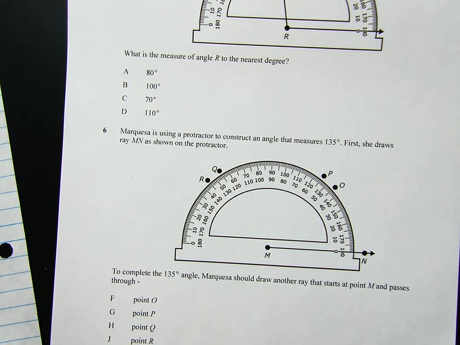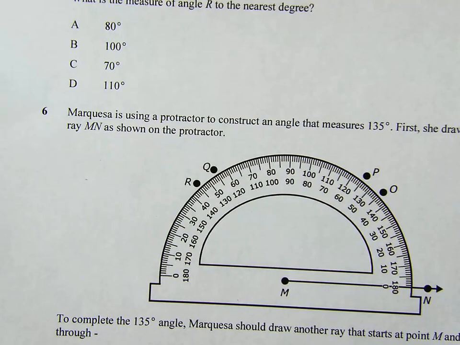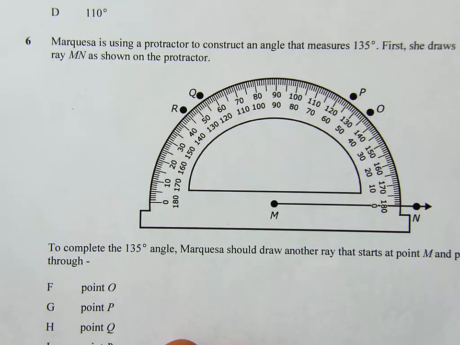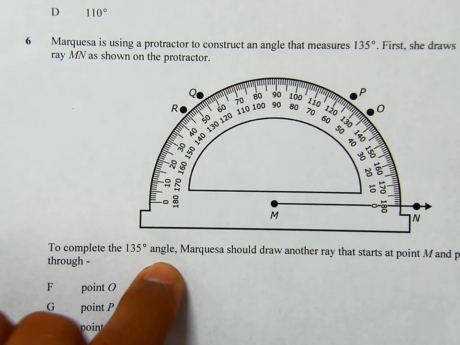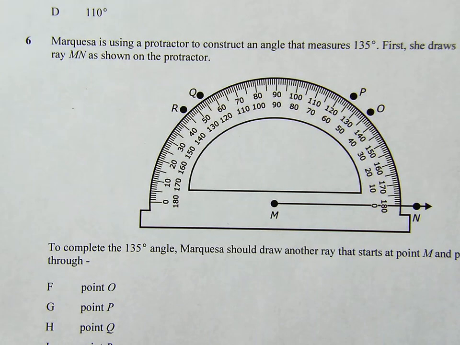And number 6, Marquisha is using a protractor to construct an angle that measures 135 degrees. First, she draws ray N as shown in the protractor. To complete the 135 degree angle, Marquisha should draw another ray that starts at point M and passes through what other point?